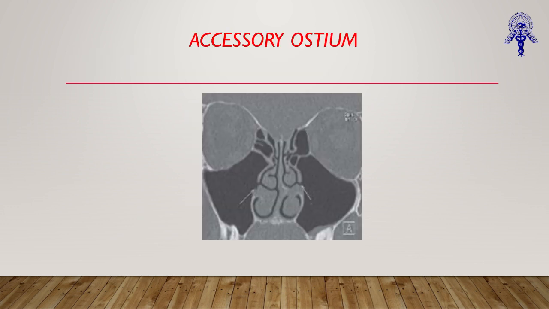If you go to this scan, we can see this part is not attached, and these two gaps here are not typical uncinate-like attachment. They are the accessory ostium, which is nothing but an opening in the lateral wall of the nose. So these minute things will not be visible if you do a 5 millimeter scan. If you do a 1 millimeter scan, then you will be able to see these things.